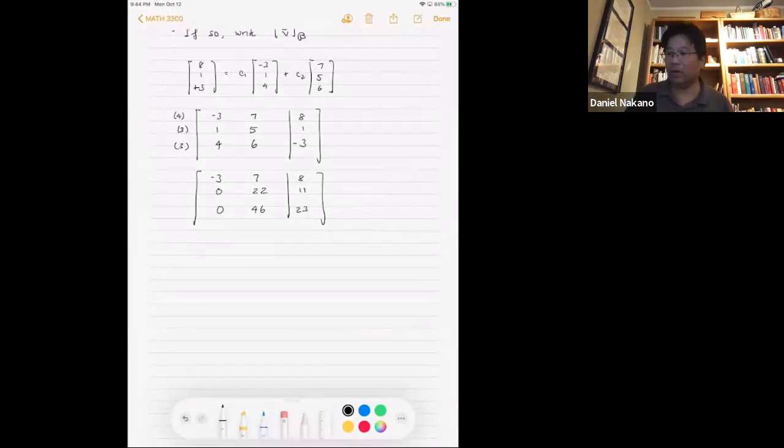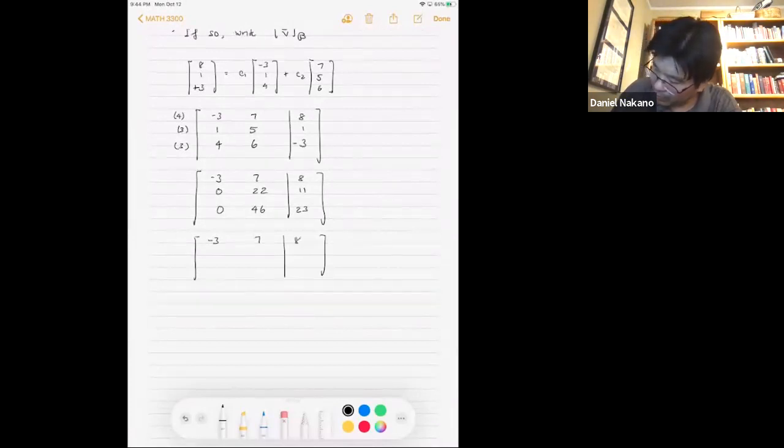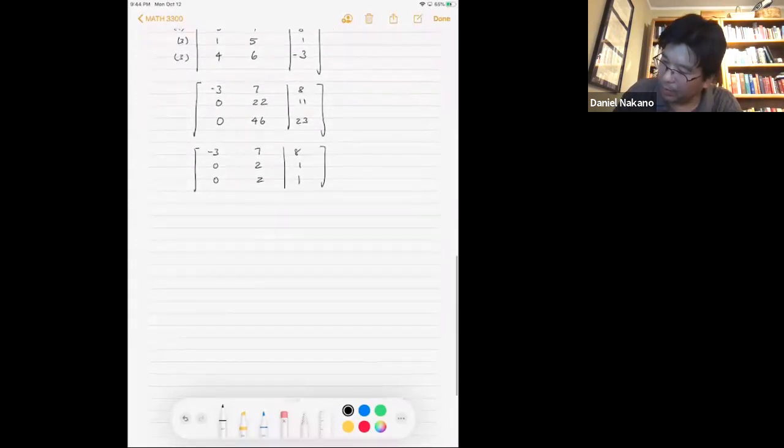All right, so notice that in the last 2 rows, each of these is a multiple of the other. So I can replace this by dividing by 11 for the first one, so this is 0, 2, 1, and then I divide by 23 for the other.